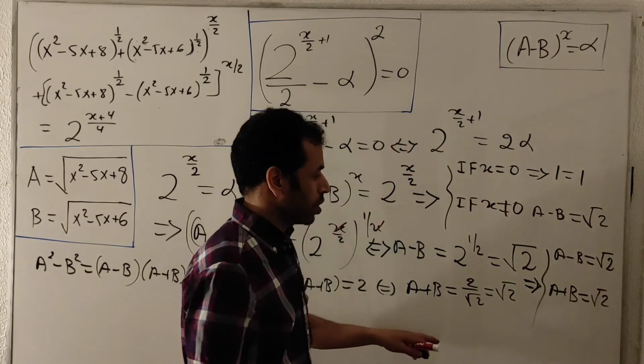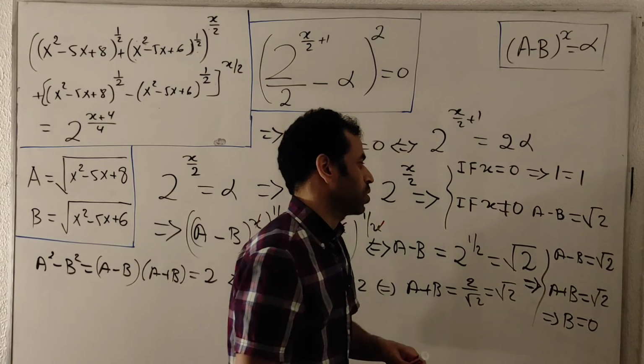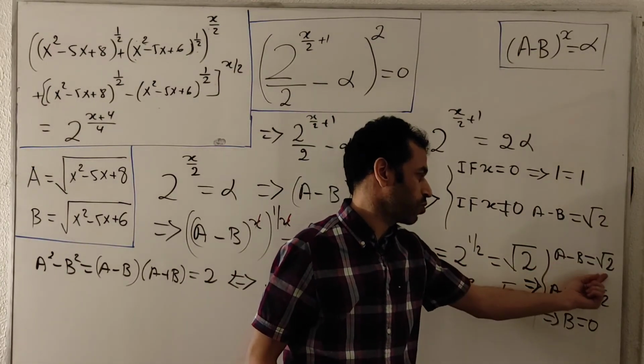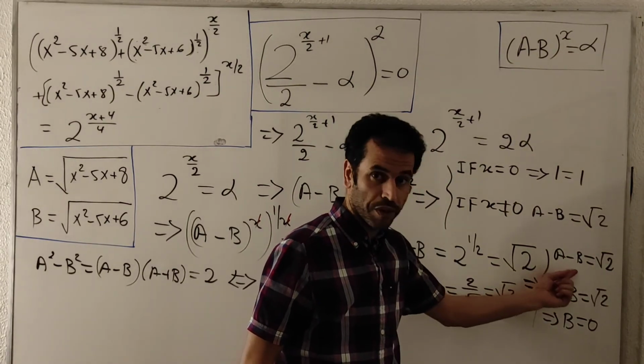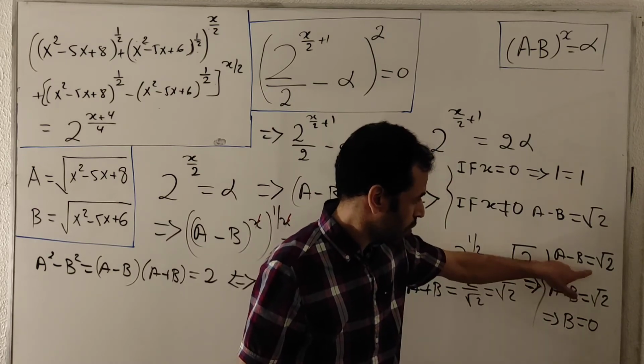What does it mean? That means b equals 0, because a is bigger than b, because the difference of these two numbers equals square root of 2, which is strictly greater than 0. That means b must be equal to 0 in order to have equality here.